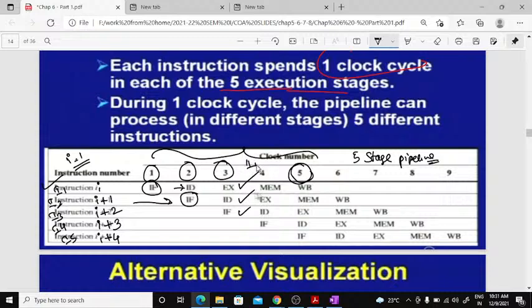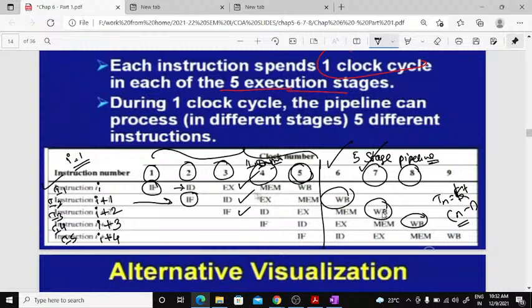As you know, the formula Tn is equal to k plus n minus 1 into t, where k is the number of stages. Here there are 5 stages, so the first instruction takes 5 clock cycles plus the remaining n minus 1, and that gives the speedup. Once the 5 stages are completed, in the 6th cycle instruction I2 is completed, in the 7th clock cycle I3 is completed, and so on, so every clock cycle a new instruction is completed.